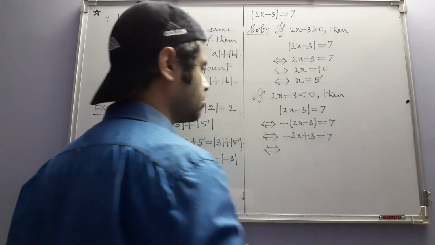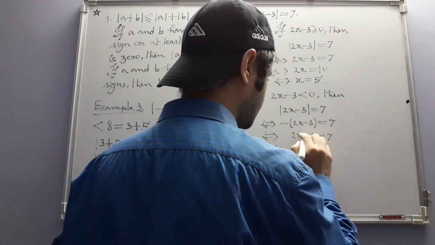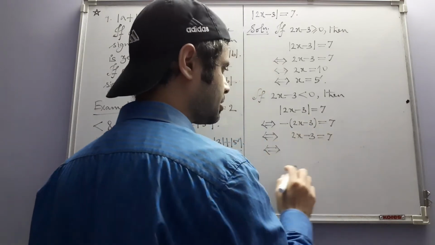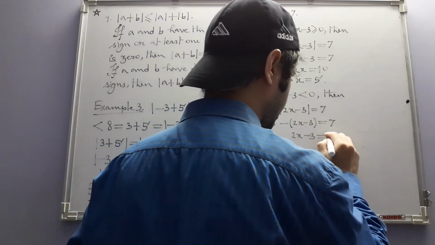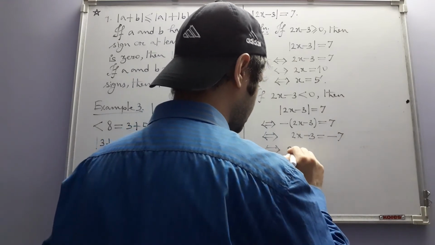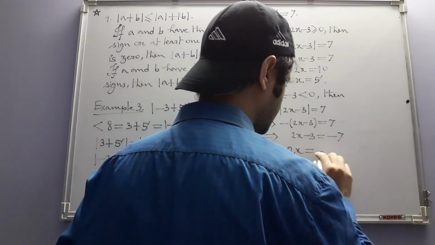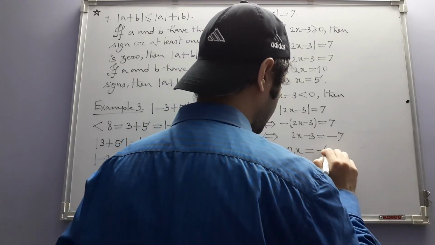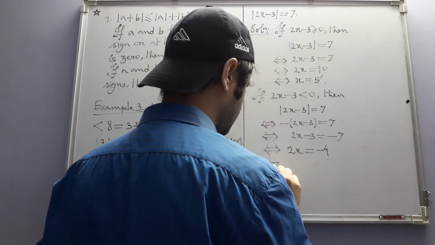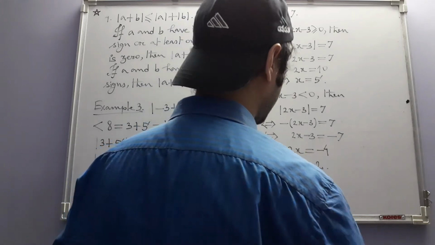Or, okay, instead of writing this, it's better to multiply both sides by minus 1 and have this. Then 2x, adding 3 on both sides, gives us minus 4. So x should be equal to minus 2.